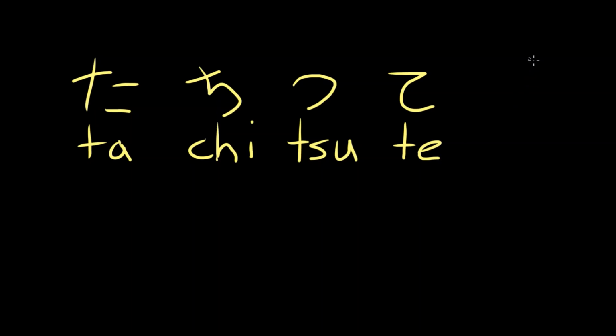And another exception in this row. Again, they don't say tu, they say tsu. It's kind of a ts sound. So the usual romaji is tsu. Ta, chi, tsu, te, to.